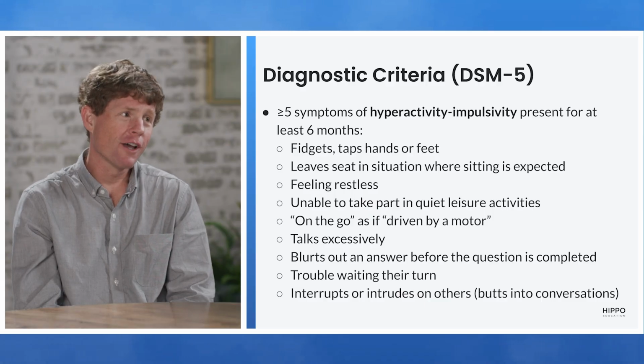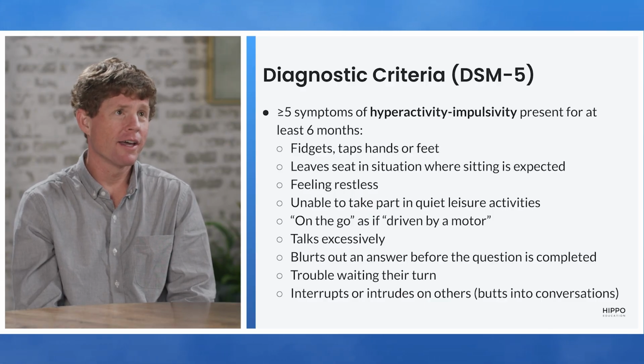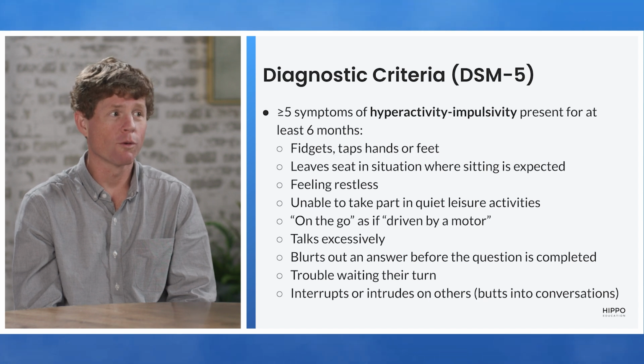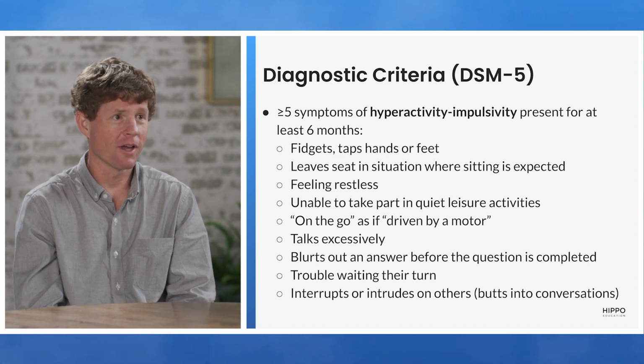Okay, so this is the inattentive type. It sounds like these symptoms have to occur for at least 6 months, and you have to have 5 or more of them. What about the hyperactivity side that you talked about? Okay, so hyperactivity can present in several ways. Again, we're looking at 5 or more symptoms of the many that are described in the DSM.